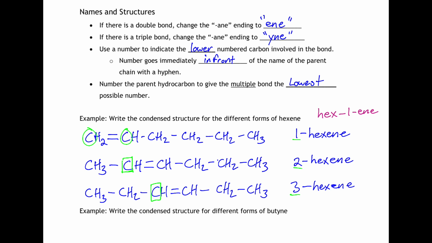That is useful when you have more than one ene. Generally we don't do that, but it might show up in a question somewhere. I would advise against it, especially if there's only one. If there's multiple double bonds in something, this tends to make more sense, but we're going to leave that just the way it is.